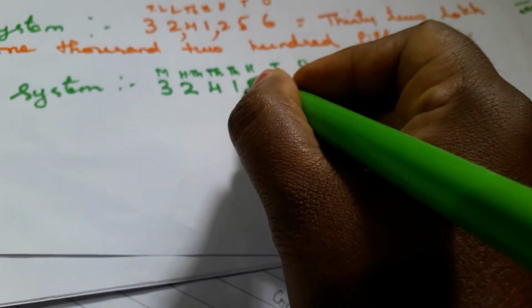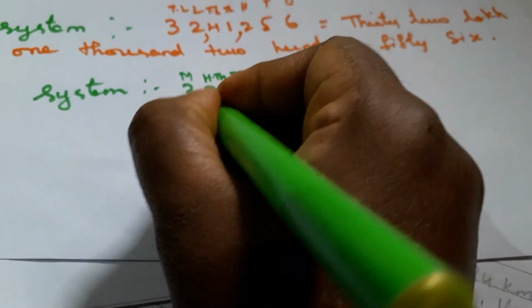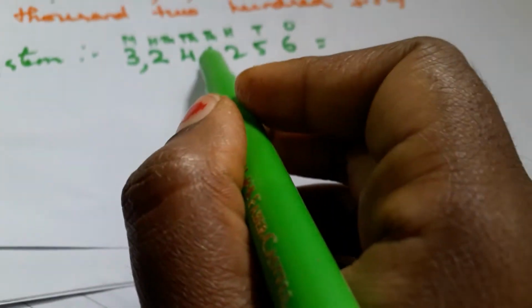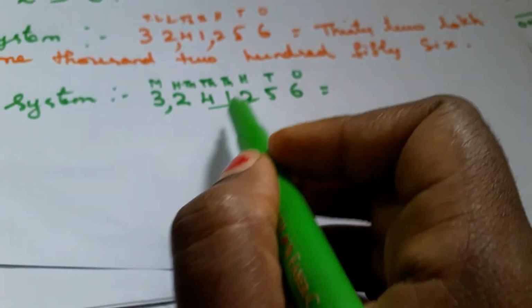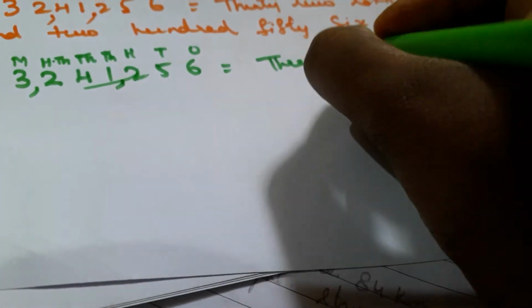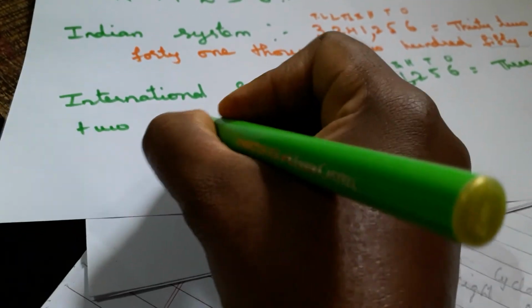Ones, tens, 100, I place a comma. 1,000, 10,000, 100,000, I place a comma, because ones, tens, 100 belong to the ones period, 1,000, 10,000, 100,000 belong to my thousands period, and million is another period. Now how am I going to write the number name? 3 million 241 thousand 256.